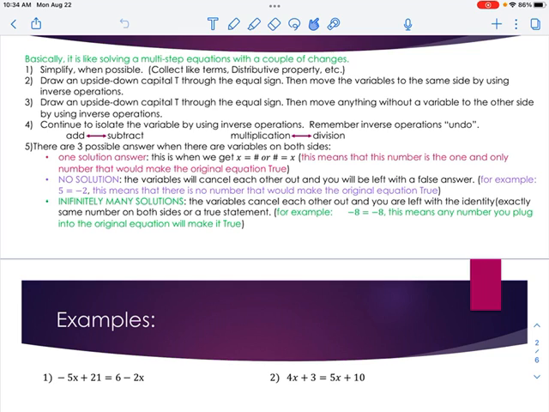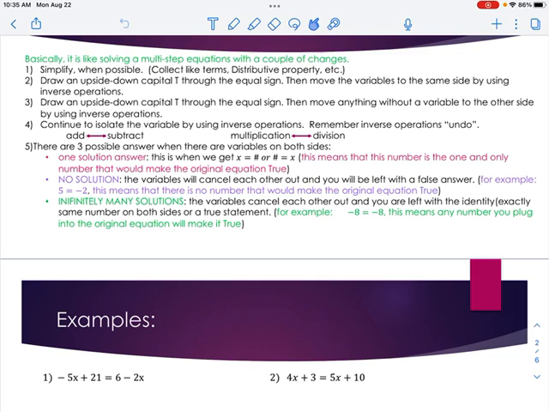Okay, now the two really special ones, the two different ones that are new now, are what is called a no solution answer and an infinitely many solution answer. The no solution answer, what will happen with that situation is the variables will cancel each other out, and you will be left with a false statement, meaning it'll say something like 5 equals -2.